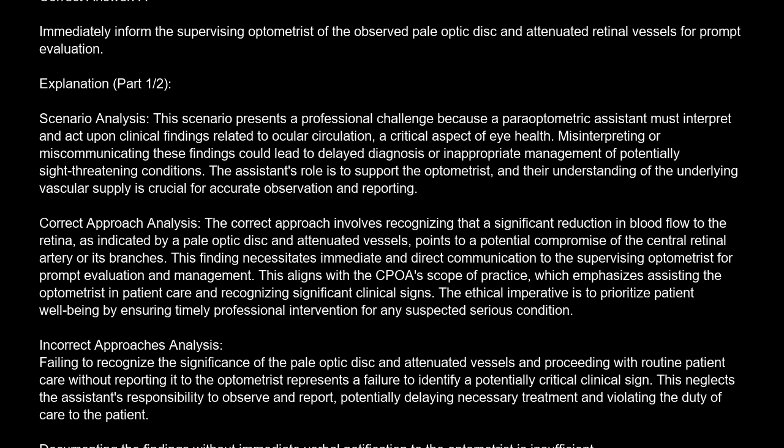Incorrect approach analysis. Failing to recognize the significance of the pale optic disc and attenuated vessels, and proceeding with routine patient care without reporting it to the optometrist, represents a failure to identify a potentially critical clinical sign. This neglects the assistant's responsibility to observe and report, potentially delaying necessary treatment and violating the duty of care to the patient.